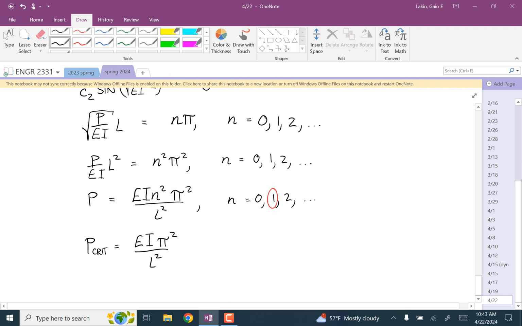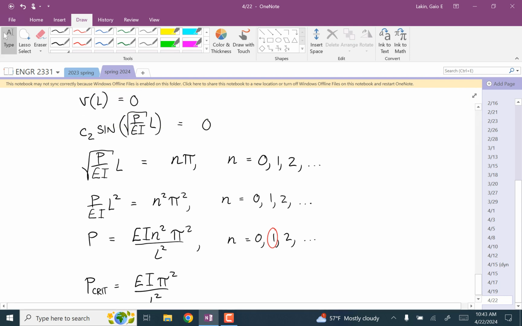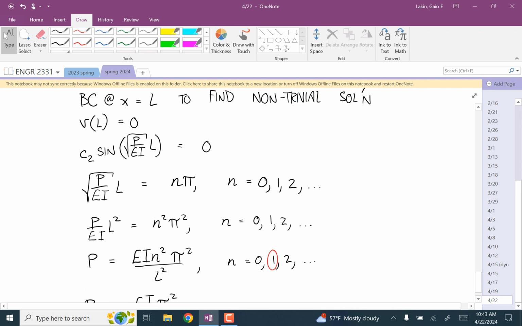What happens to C2? Well, there are only two ways for C2 times sine to be equal to 0. Anytime you have two things multiplied together, there are only two ways for it to be 0: one of the things being 0 or the other one being 0.